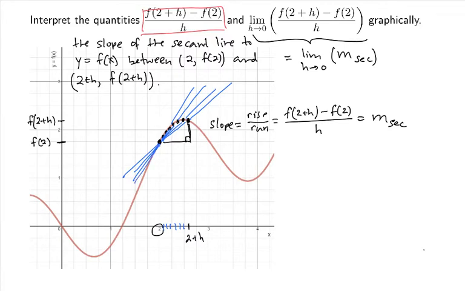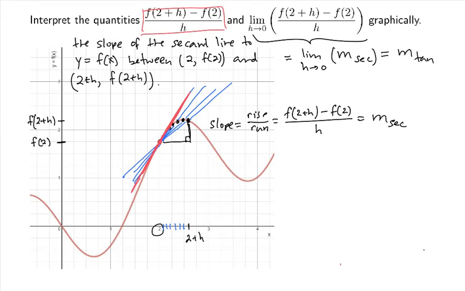What's happening to those lines as h gets small? Well, it appears that those lines are approaching this line, which is the tangent line to y equals f of x at x equals 2. So that is precisely what our limit is going to give us: the slope of the secant lines approaches the slope of the tangent line.